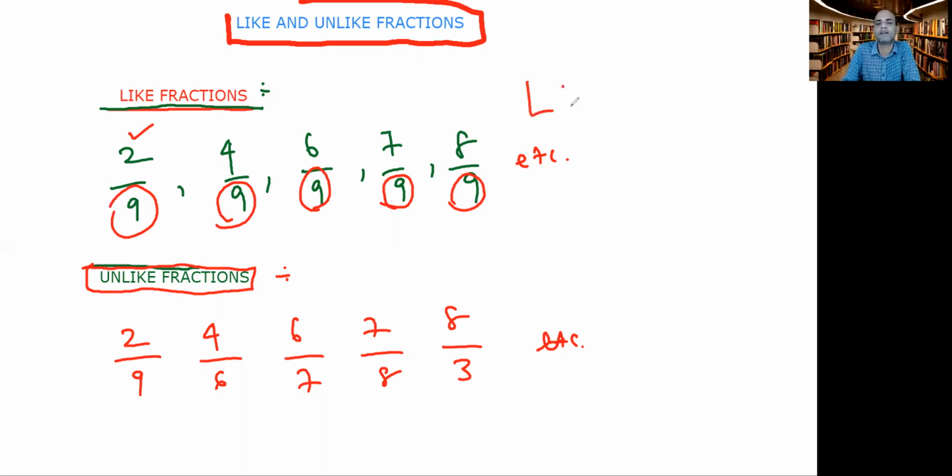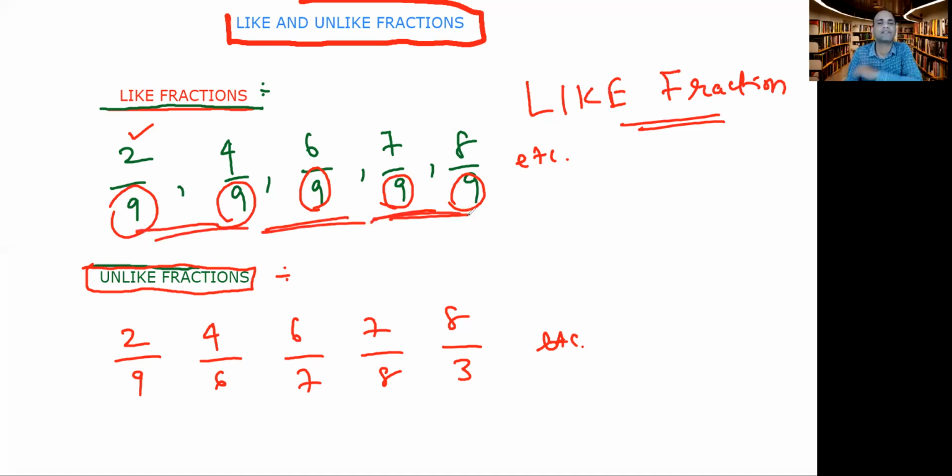So the rule for like fractions is when we have two or more fractions having the same denominator, they are called like fractions. The numerator may be different, it doesn't matter, but if the denominator is the same, then we call them like fractions.